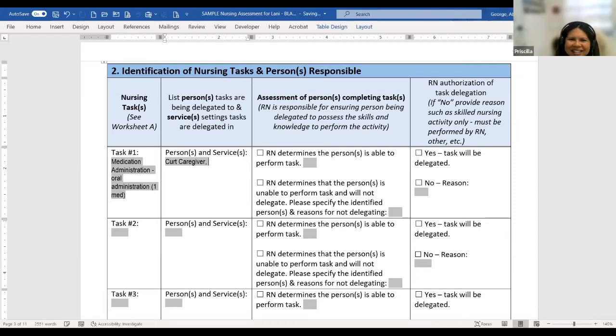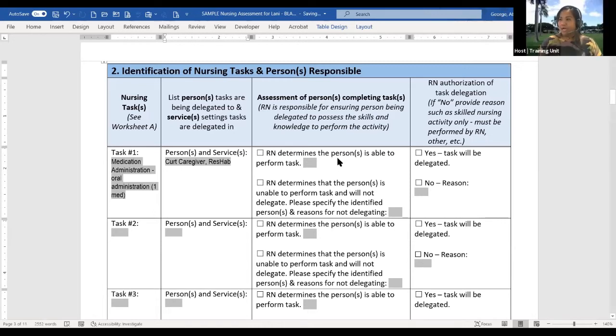And what do you guys think too? ResHab. Okay. Yes, according to the quarterly report, the provider did indicate that they have the ability to perform the task, and yes, this task will be delegated.